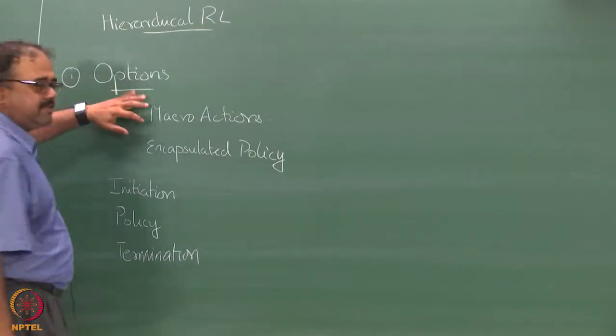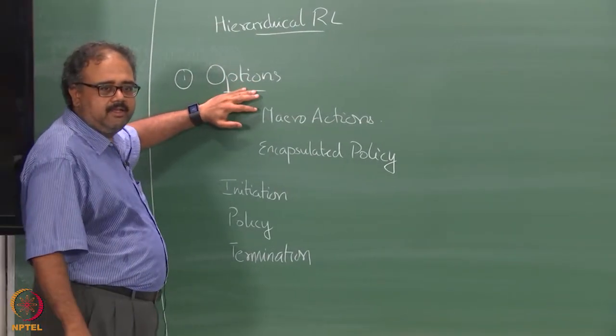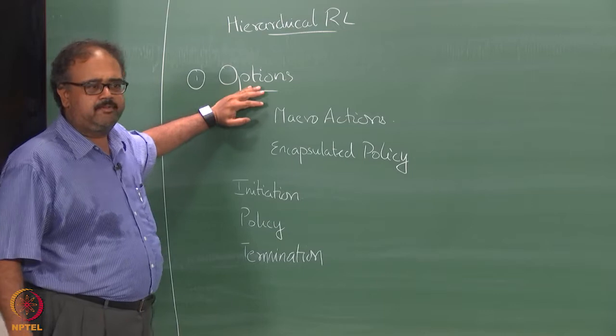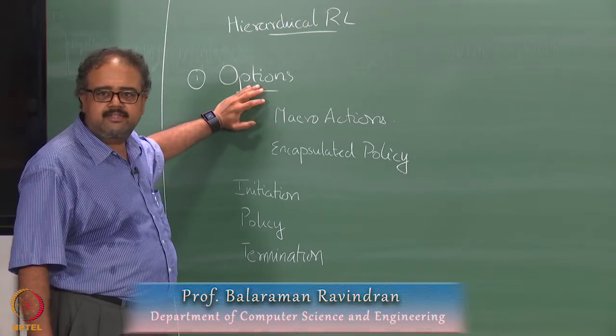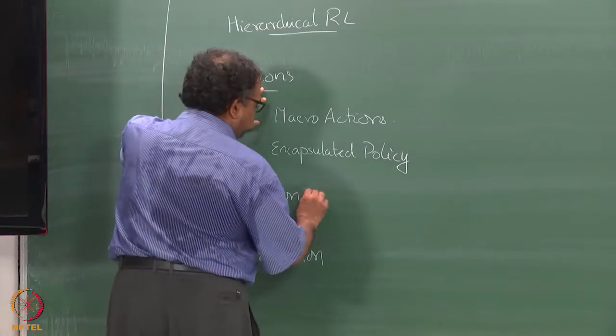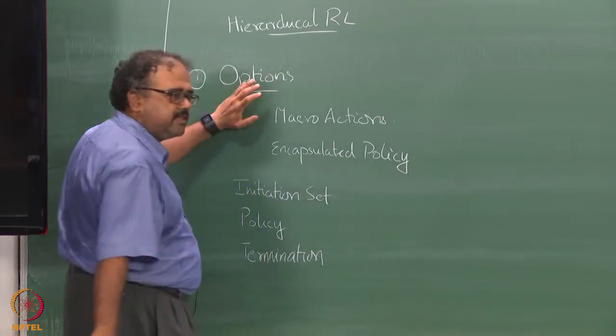So the initiation, if you look at the classical options framework, right? I mean it's proposed in 99. I suppose we can start calling it classical now. If you look at the classical options framework, they usually give this as a set of states, right.